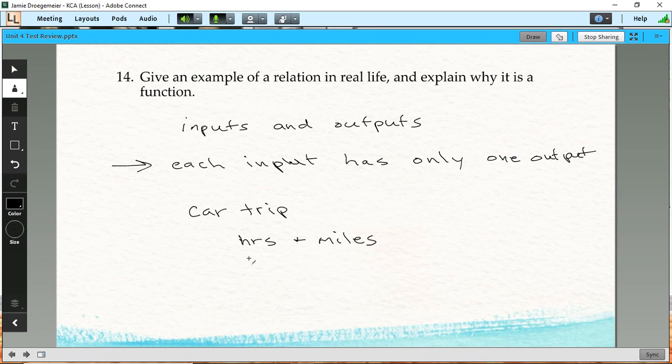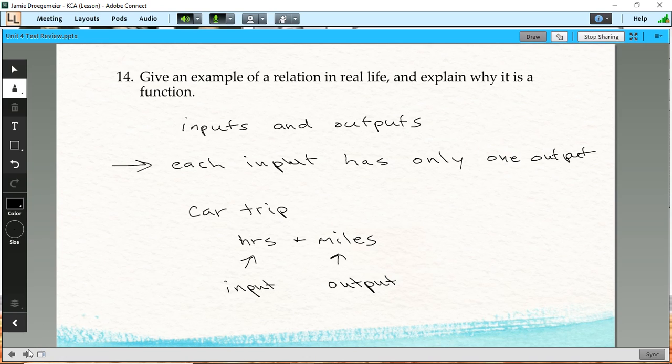Hours would be my input, miles would be my output. So that's just a simple, real life example of something that could be explained by a function.